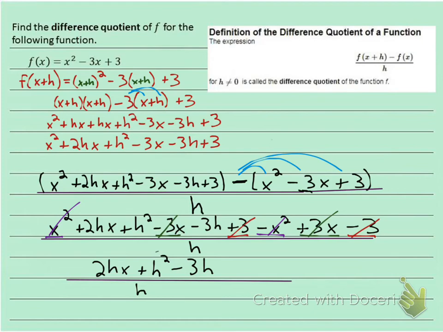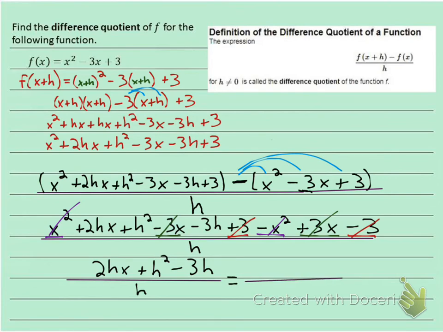Now, when I divide, I know that everything in the numerator has an h. And that h is going to cancel out with the h in the denominator. Okay, so let me move this whole thing over here to the right.